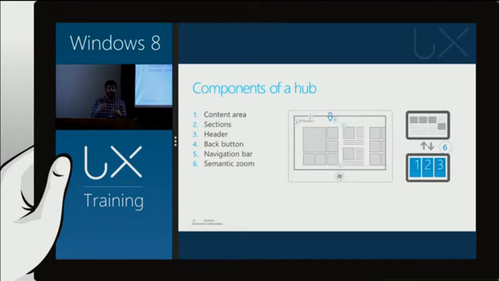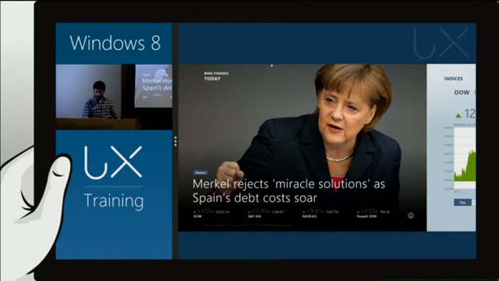Assuming it's not full screen content, like a big picture, you can have this header to show you where you are and what you're looking at. You'll have a back button to help you quickly move back to where you were last. There is a navigation bar, which again we'll talk about later, and then semantic zoom, which Chantal showed you.